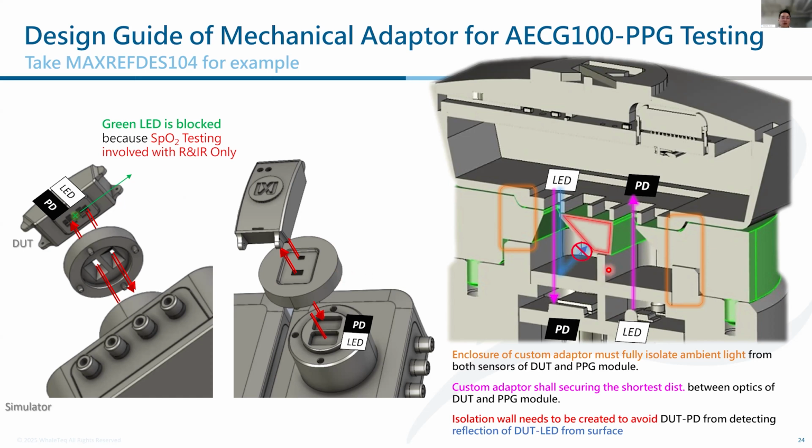Isolation definitely needs to be there to avoid the direct reflection of the LED, which gives you a non-pulsatile signal, creates DC offset, and that will give you incorrect readings. So that's why the wall is very important. Your PD is supposed to only receive the LED signal from the AECG, which sketches the PPG waveform that you would like.